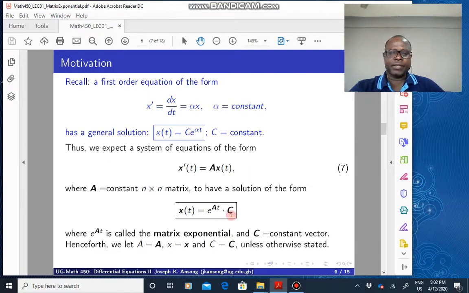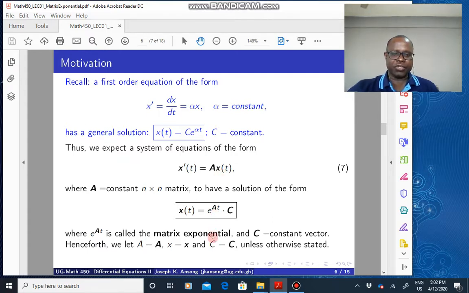So that is the motivation for saying that there must be this entity, e to the At, called a matrix exponential, that will help you to find a solution to a system. Okay, so that is called a matrix exponential.